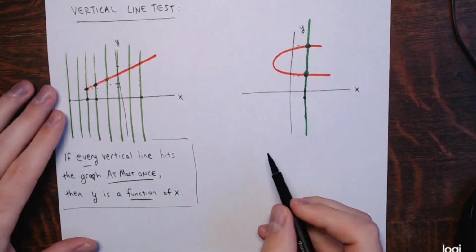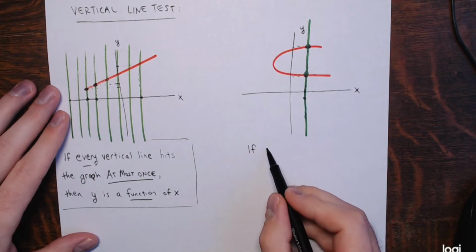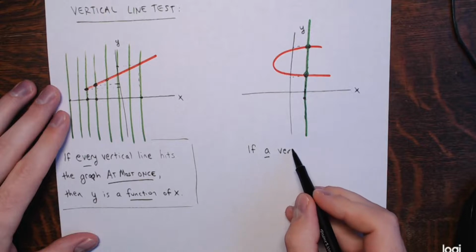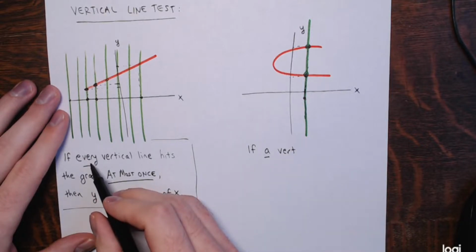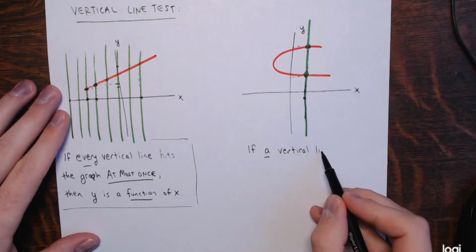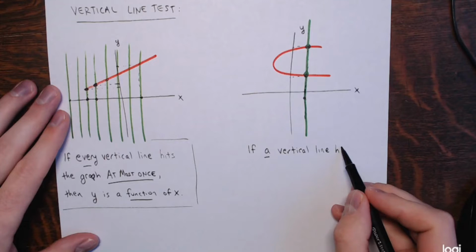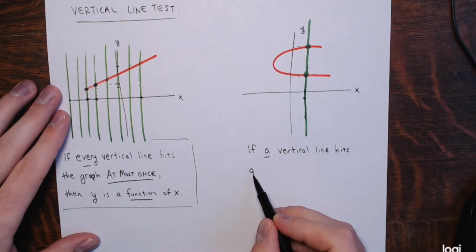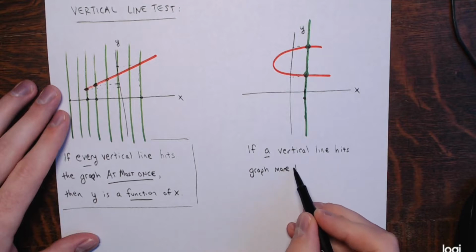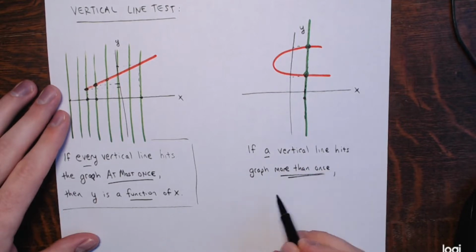So here's the other part to this. If a vertical line, all you need to do is find one. Here it was every. Right? If a vertical line hits the graph more than once, then y is not a function of x.